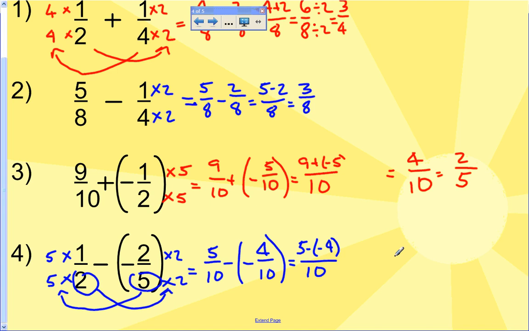I'm going to skip over my dead spot and come over here. If I did keep it, change it, that would become 5 plus the negative 4 becomes positive 4 over 10. So it's 9 over 10. And that's my answer. I can't simplify this. There's no numbers that will divide into each of these evenly.